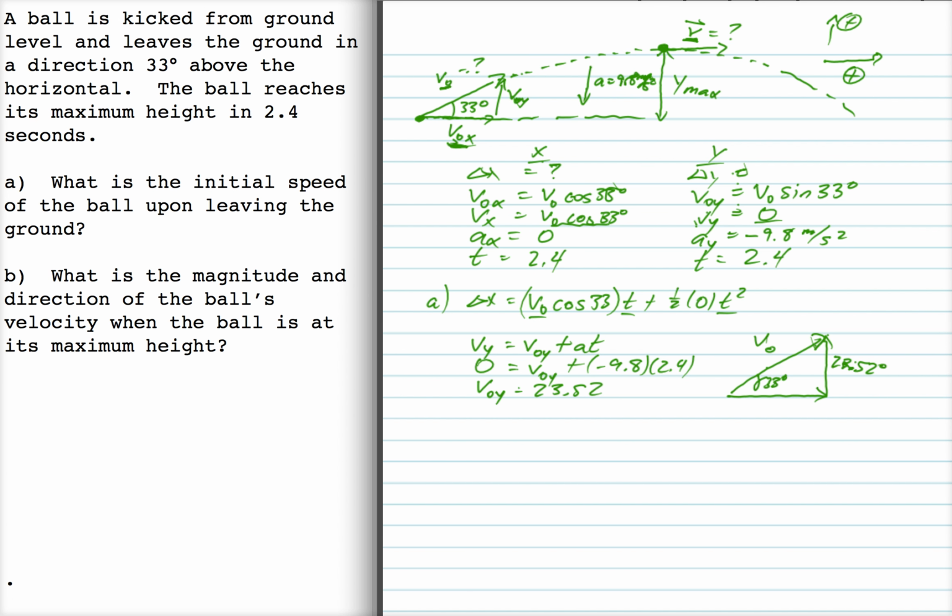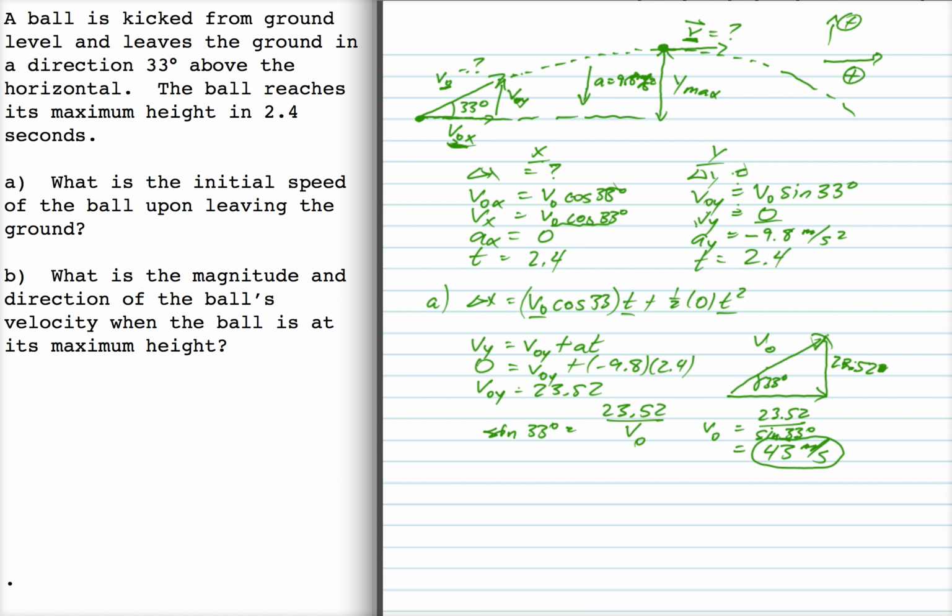So I can use the sine function. I can say that sine of 33 degrees is equal to the opposite side over the hypotenuse. Therefore, v naught is equal to 23.52 over sine 33, which is 43 meters per second. So there's the initial speed.